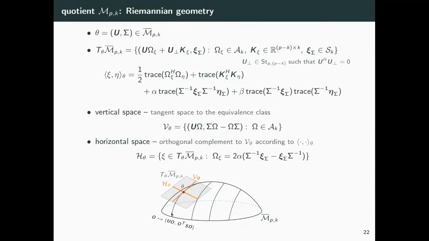So to describe the tangent space of our quotient, we can consider the vertical space, which is the tangent space to the fiber, and the tangent space of the quotient is then given by taking the orthogonal complement to the vertical space, which gives what is called the horizontal space, and which contains proper elements representing the elements of the tangent space.